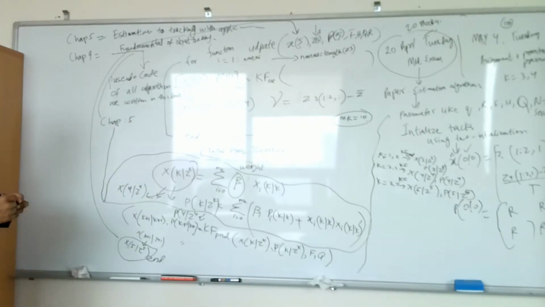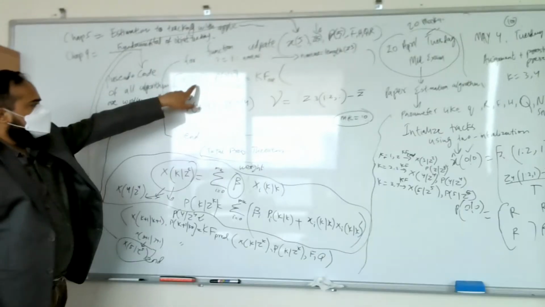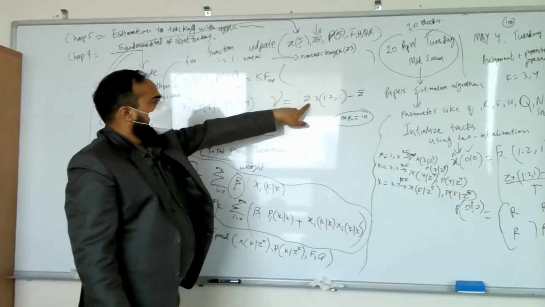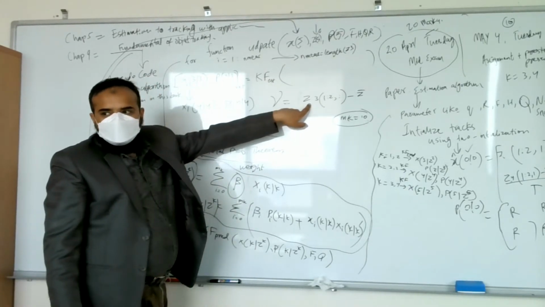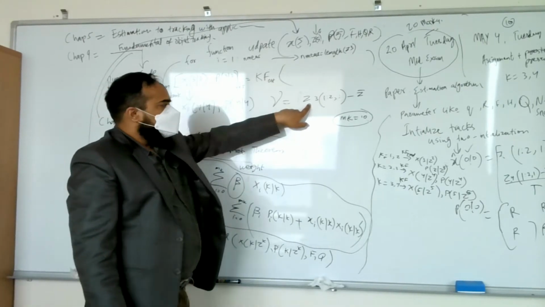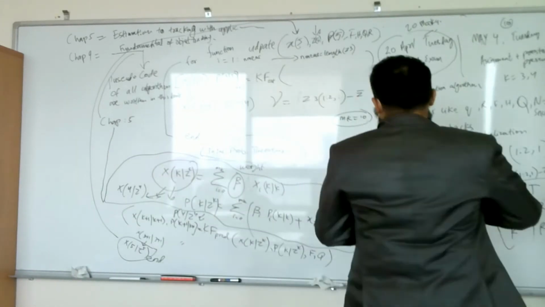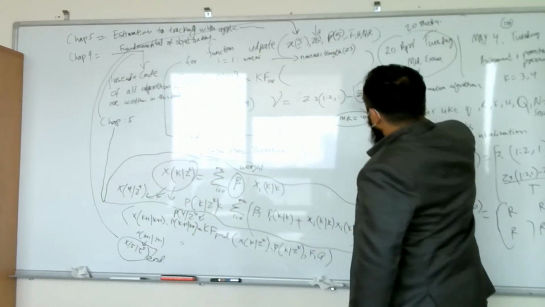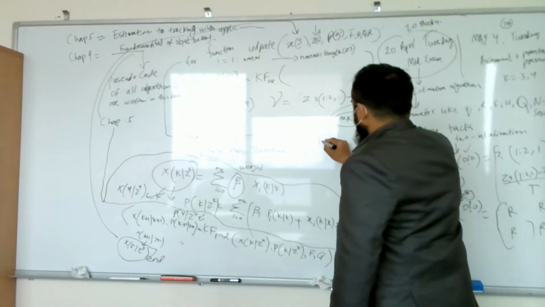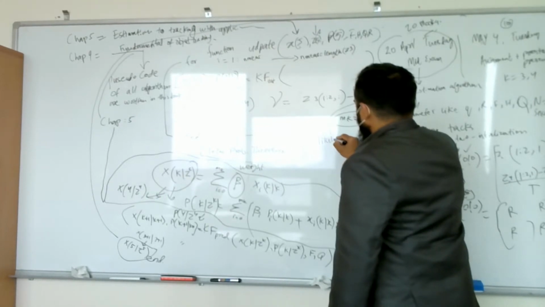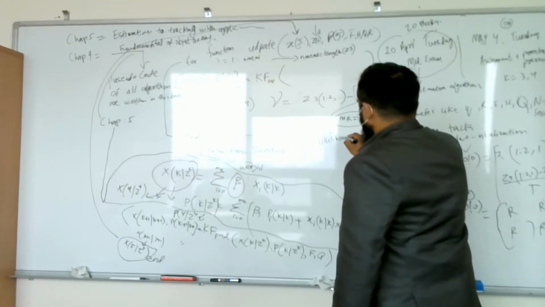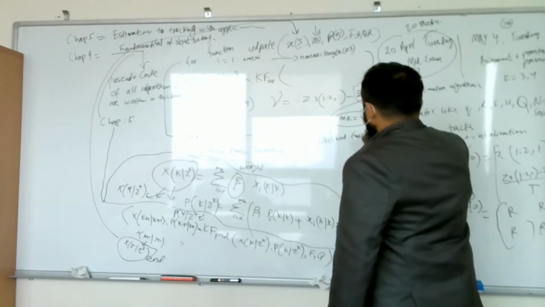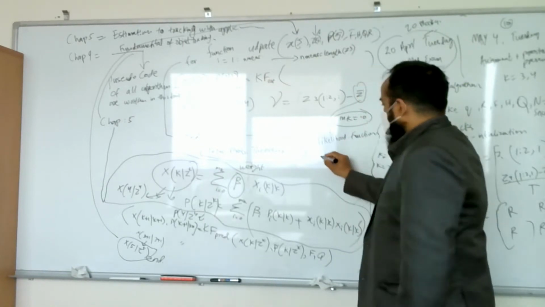Because the calculation of this state depends on the size of the Z tree. And this is again calculated by the likelihood function, like we have already done.